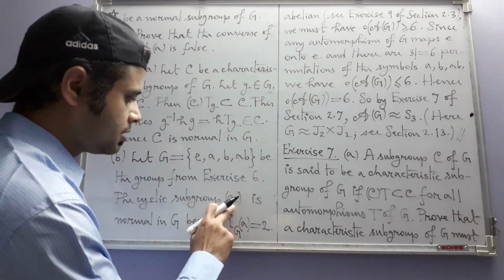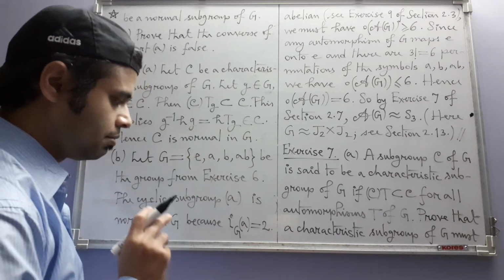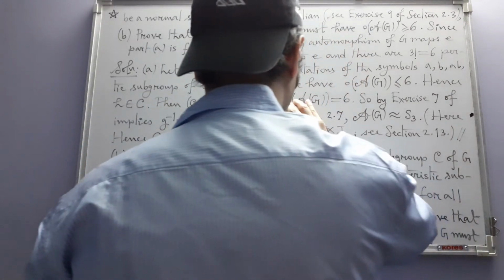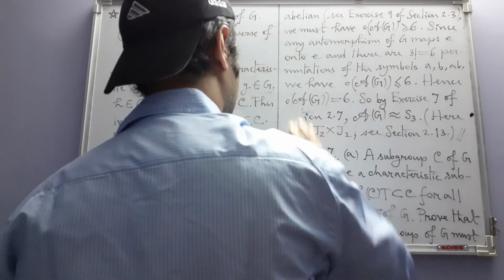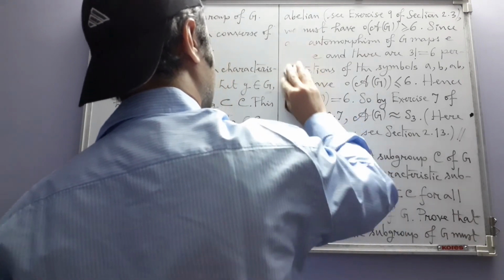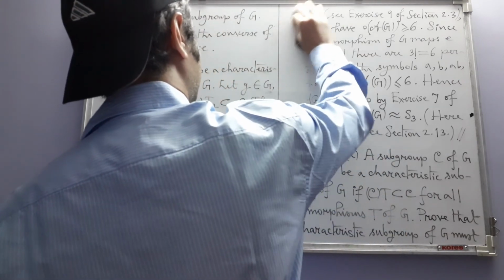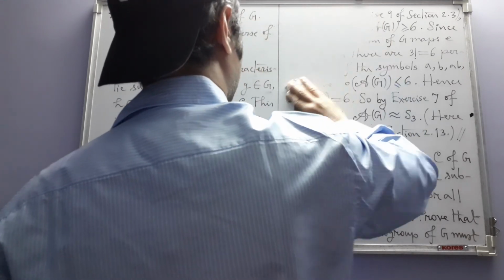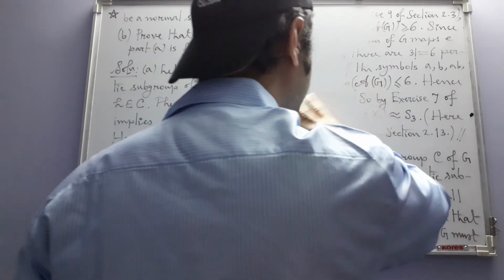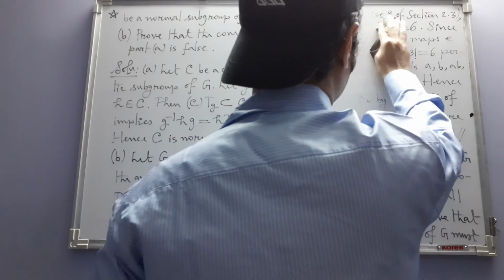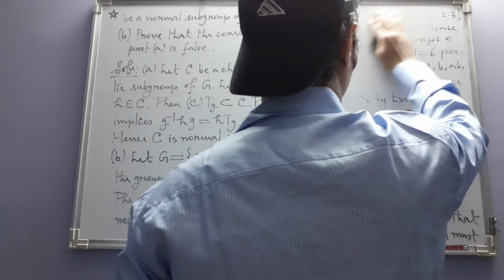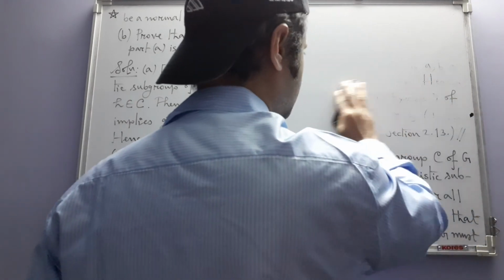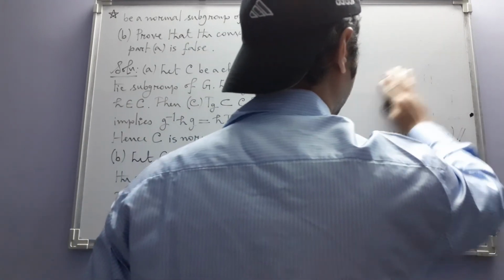So that's why this cyclic group is normal. But this is not a characteristic group. To see why, we need an automorphism under which the cyclic subgroup does not get mapped onto itself, and the function f that we saw in the previous solution is such an automorphism.